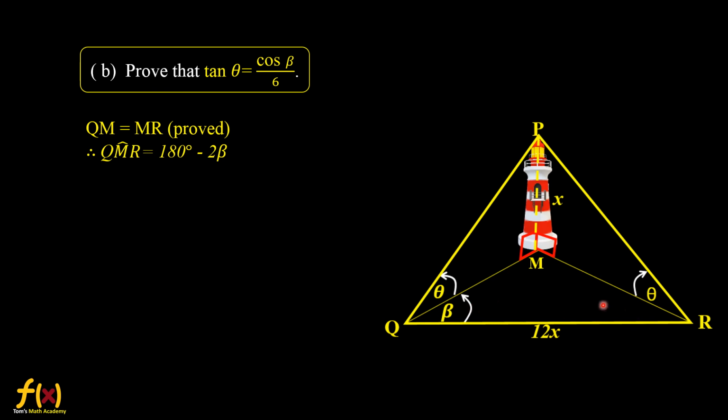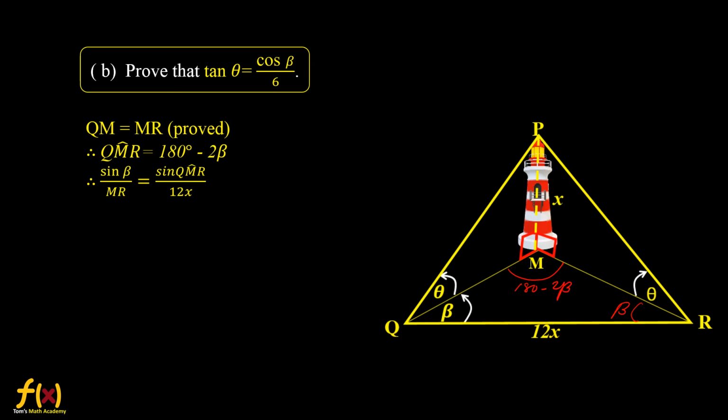Therefore, the base angles of this triangle must be the same. If this angle MQR is beta, then immediately we can write the other base angle is also beta. Now we continue with the third angle. What is the third angle then? Beta and beta, 2 beta. So the third angle is 180 minus 2 beta.